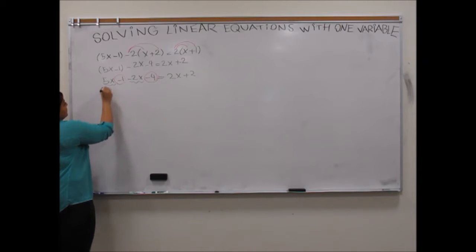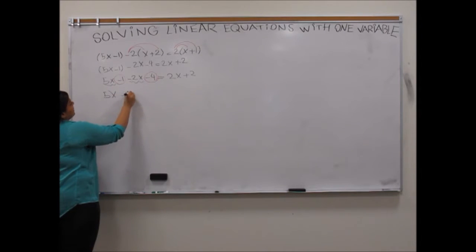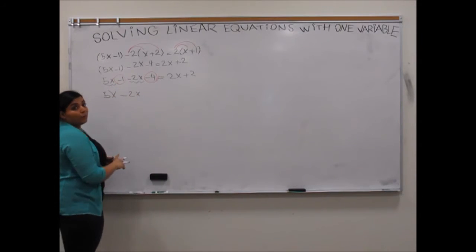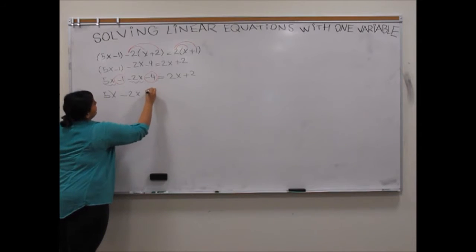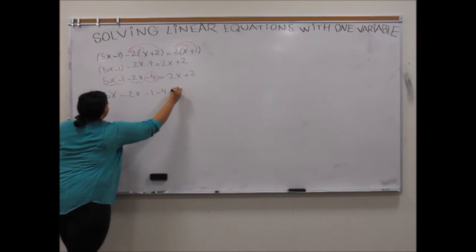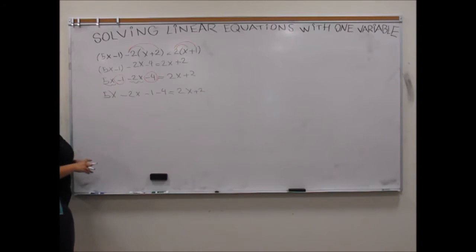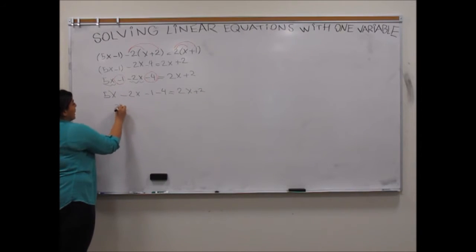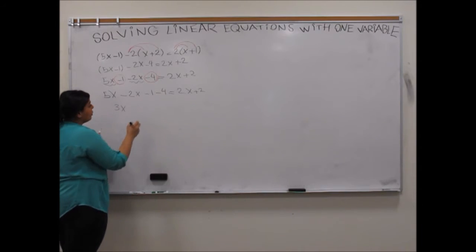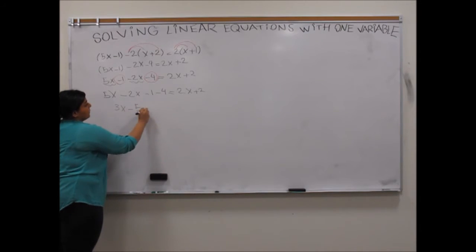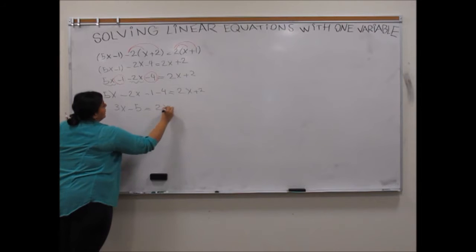So I'm going to write these next to each other, so 5x minus 2x, and then negative 1 and negative 4 next to each other. Negative 1, negative 4. Okay. So now 5x minus 2x is 3x. Minus 1 minus 4 is minus 5 equals 2x plus 2.